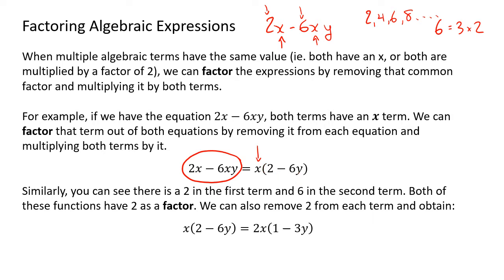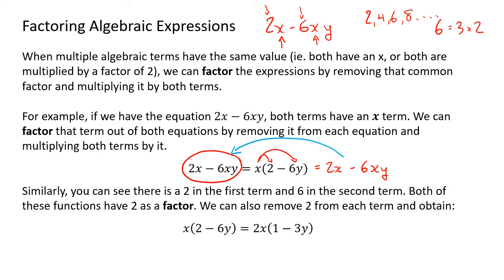The reason you can do that is if you have an expression like this, when you multiply this out, what you do is you multiply the x by both variables here. So if you were to write this out, you'd have x times 2, which is 2x, minus x times negative 6y, which is 6xy. So you end up with the same thing you had previously. You've just factored out that variable.